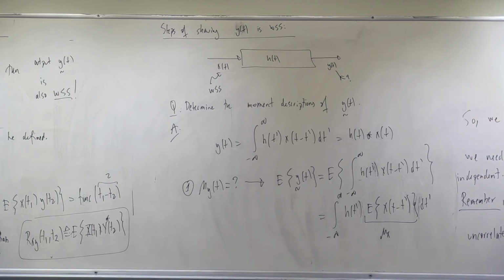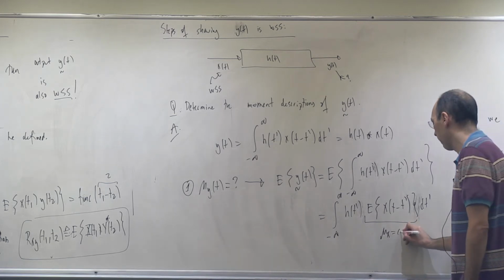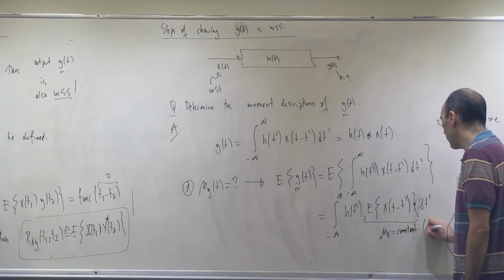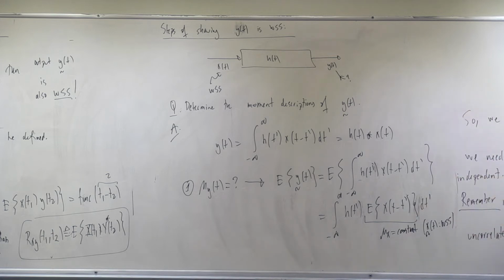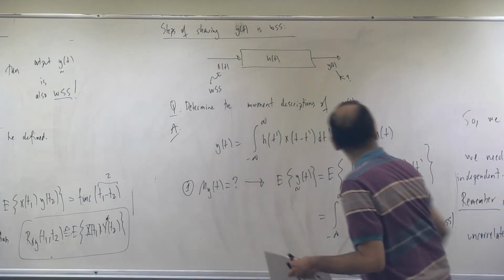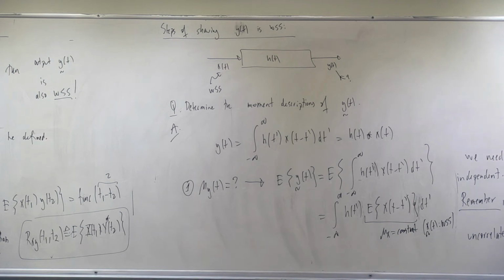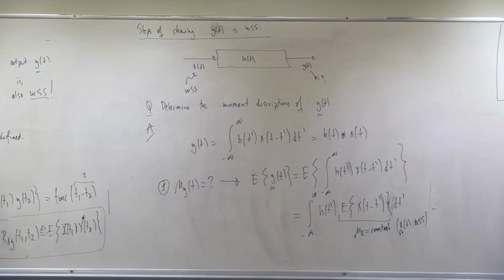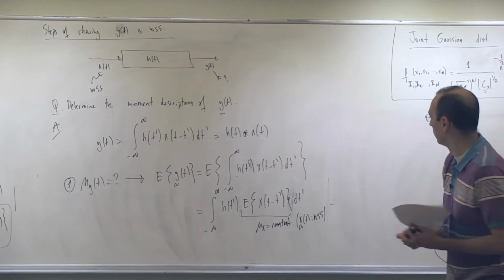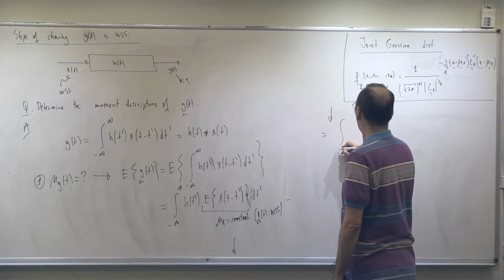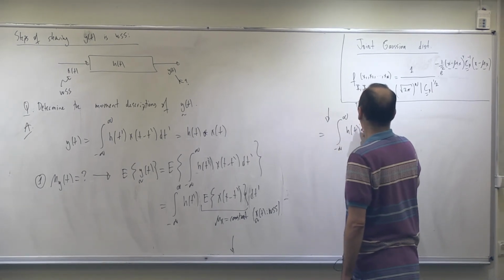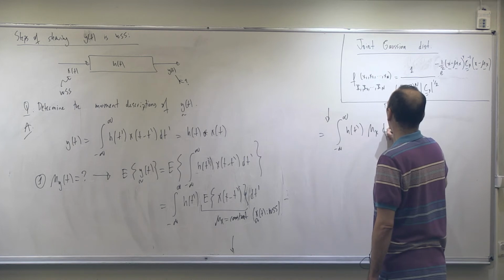It's not changing by time. Constant, since x of t is Weissan stationary. Am I right? So if it is just a constant, let me write it over here, then this becomes the integral from minus infinity to infinity of a constant, dt prime.